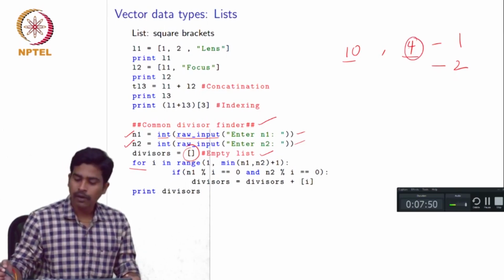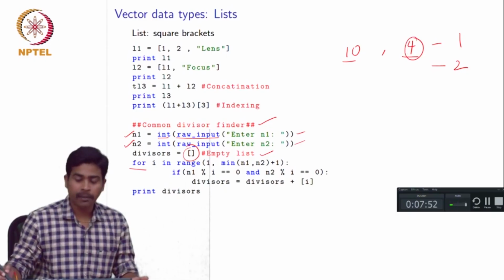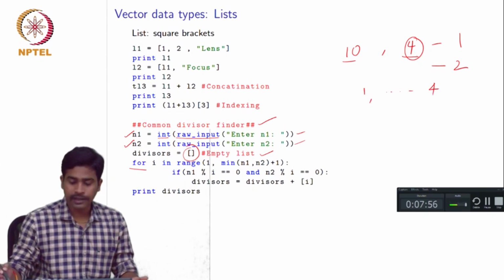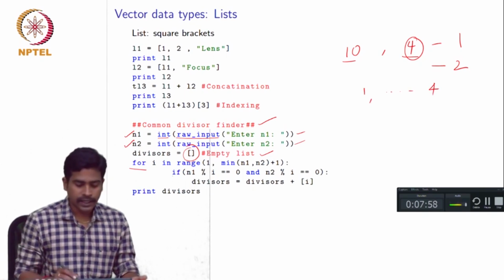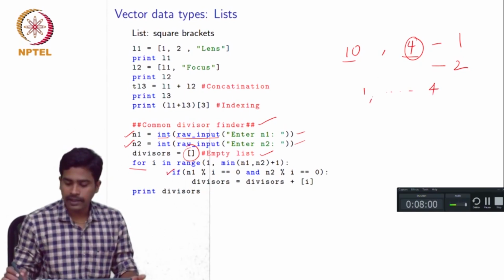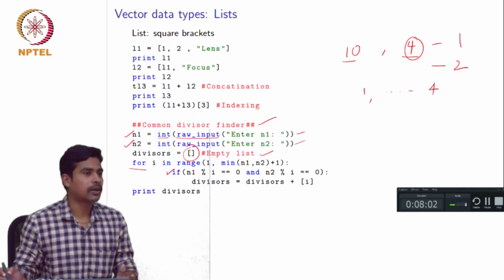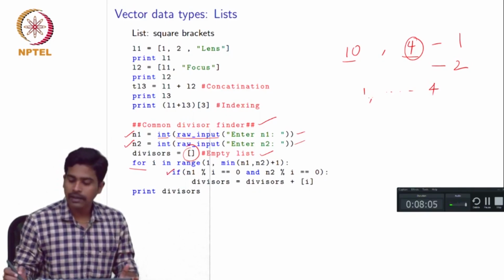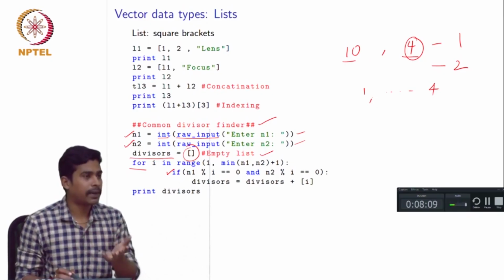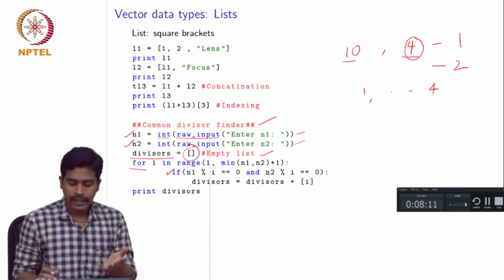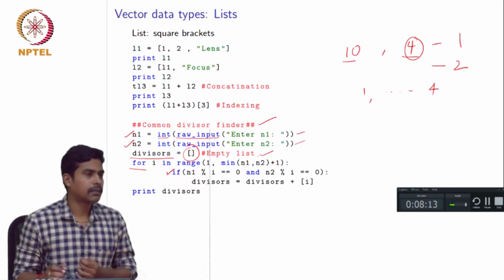Okay, so what we are doing here is we are taking the numbers from 1 all the way to the smallest number, and we are using an if statement to see if this number is dividing these two numbers or not. So if the number is dividing the two numbers, we are appending that number to the divisors list. If it is not, we are going to the next number in the for loop.